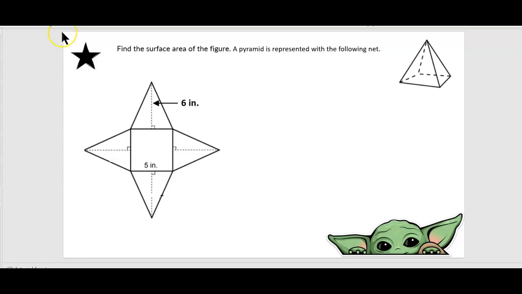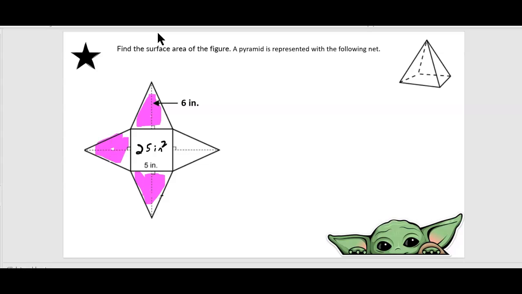How'd you do? See, this is a square. If the base is 5, then the height is 5. 5 times 5, 25 inches squared. Now we have identical triangles.